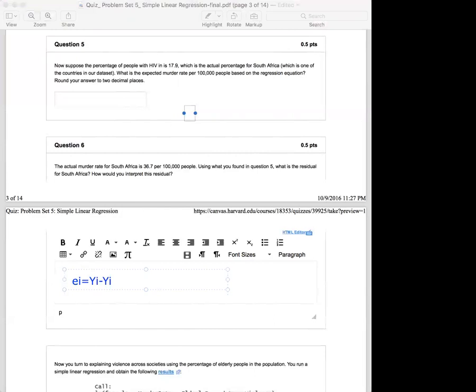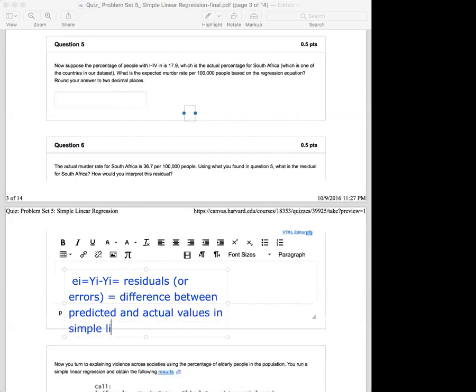What that is, is the difference between our predicted values and our actual values in simple linear regression.